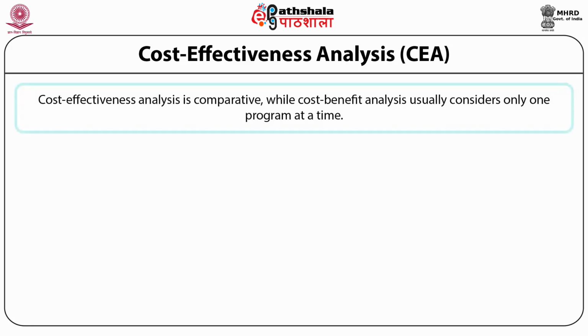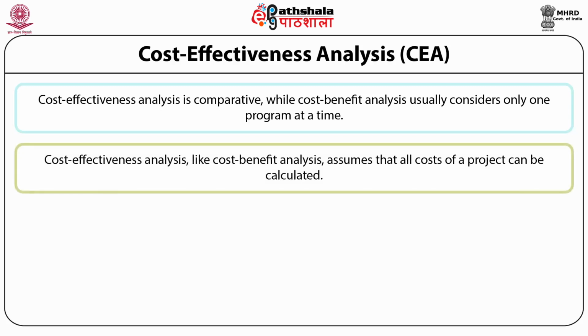Cost effectiveness analysis is comparative, while cost benefit analysis usually considers only one program at a time. Cost effectiveness analysis, like cost benefit analysis, assumes that all costs of a project can be calculated.